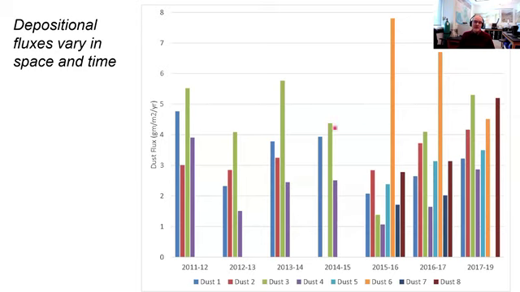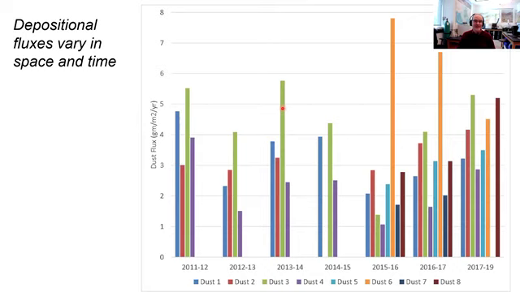They have revealed really clearly the great degree of variability in dust flux in terms of space and time. So here we're just looking at years across the bottom, and dust flux in grams per meter squared per year. The first 4 years, there were only 4 collectors, and then it gets busier. But you can see clearly not every year is the same, and not every location is the same. And on the one hand, this is not a radical conclusion.